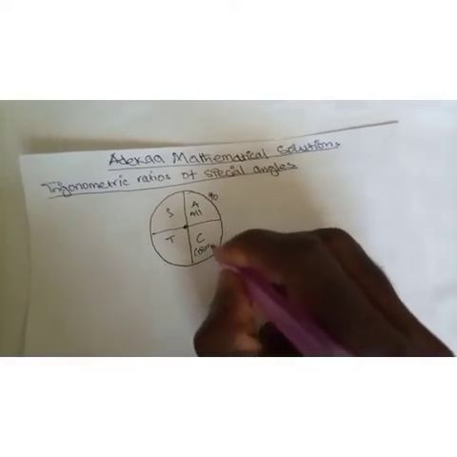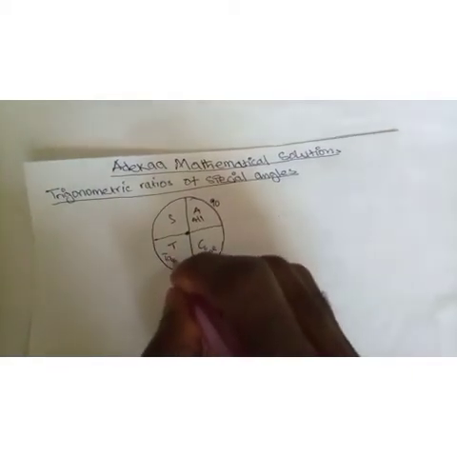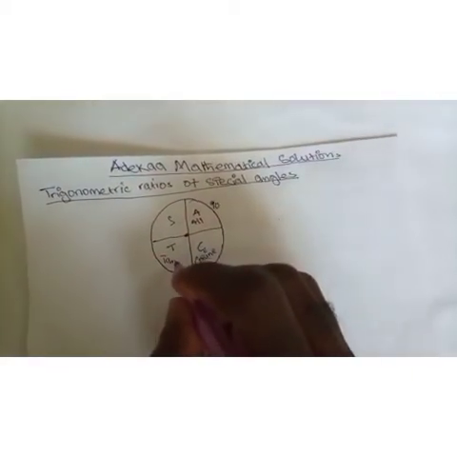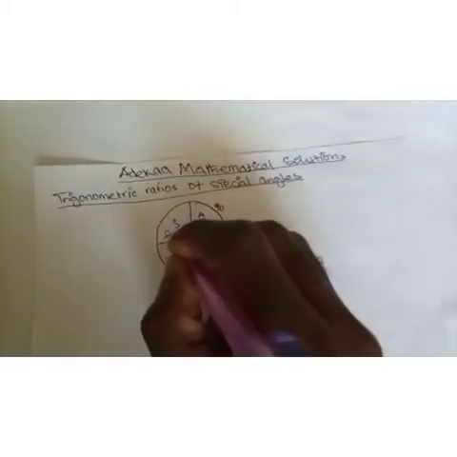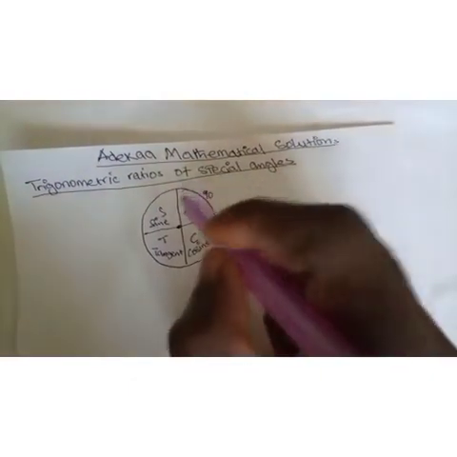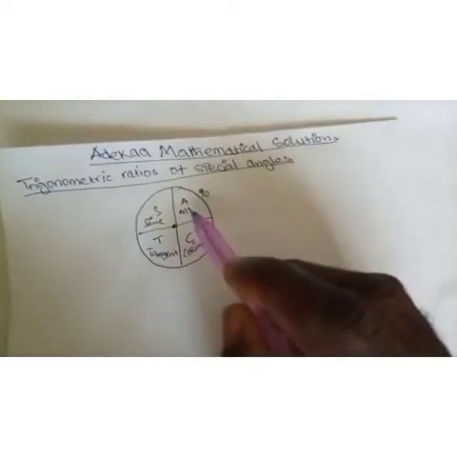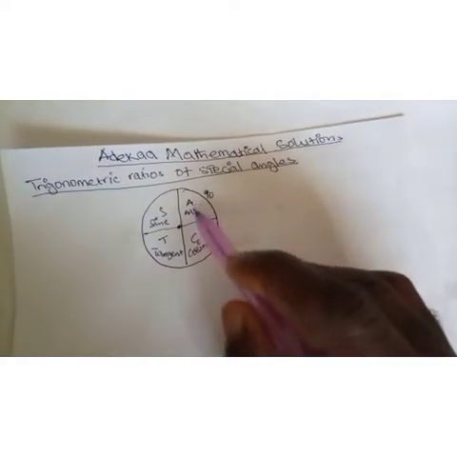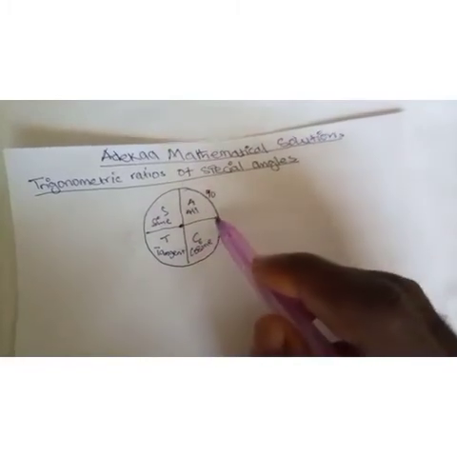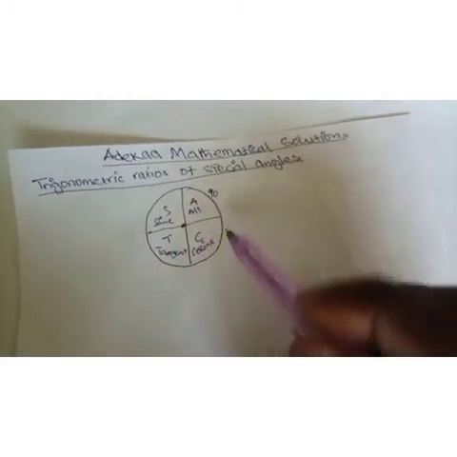And here we are telling you that the A stands for all, here is for cosine, here is for tangent, here is for sine. What this is explaining is that all the angles under this 90 degree, from 0 to 90, are positive.